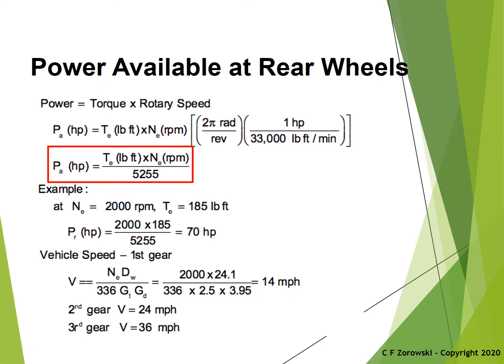At 2,000 RPM and an output torque of 185 pound-feet, the engine generates 70 horsepower. Using the previous equation for vehicle speed in terms of engine speed, this power output in first, second, and third gears occurs at vehicle speeds of 14, 24, and 36 miles per hour.